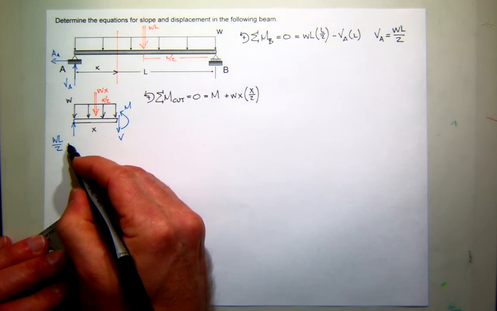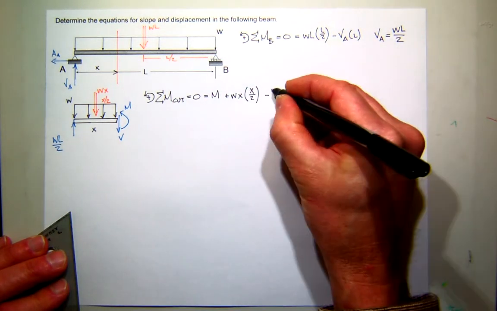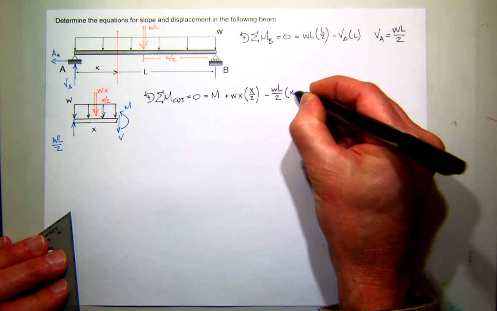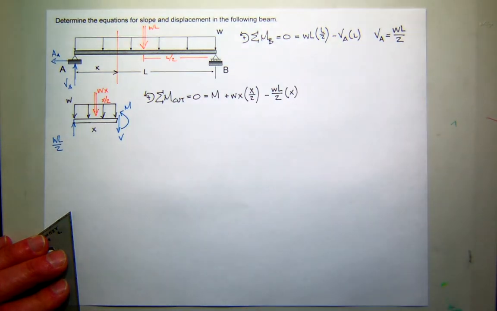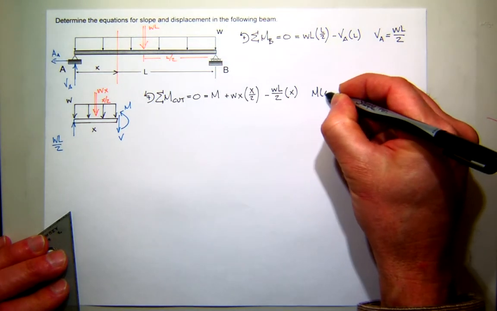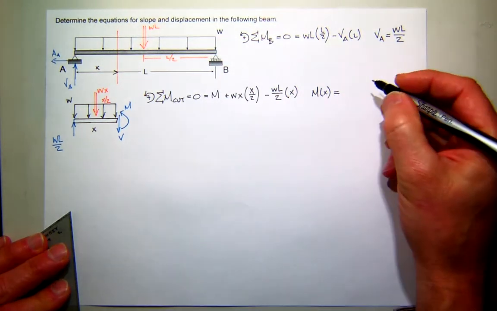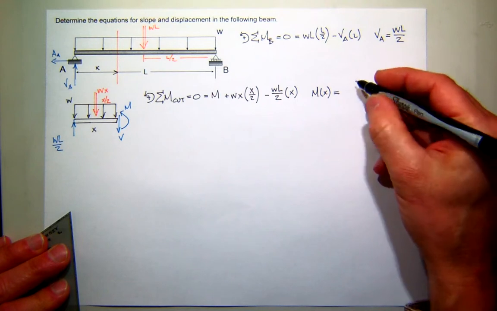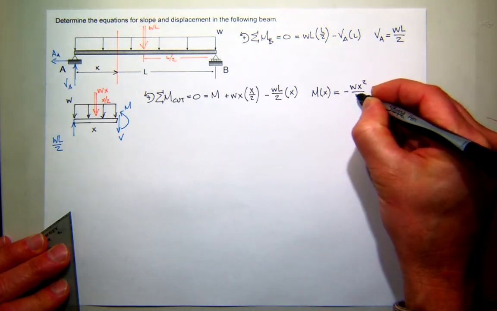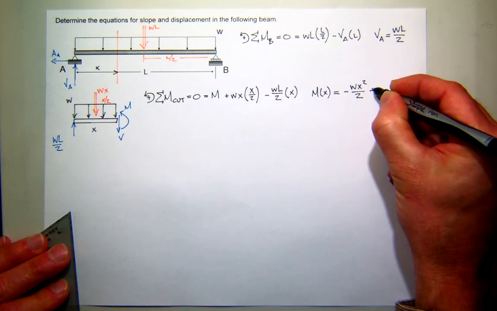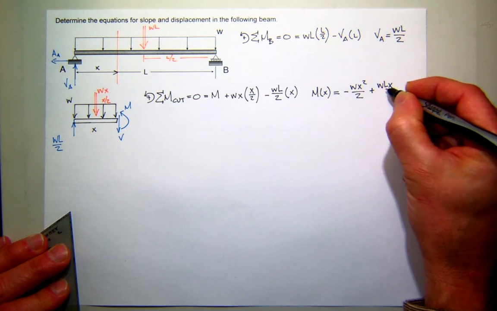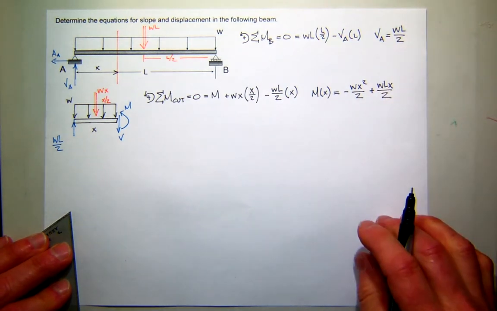And then I have my reaction creating negative moment, which is WL over 2, times a moment arm of x. So from all that, I should be able to solve for my moment. Let's see. I'm going to get minus Wx squared over 2 plus WLx over 2. Does that work?